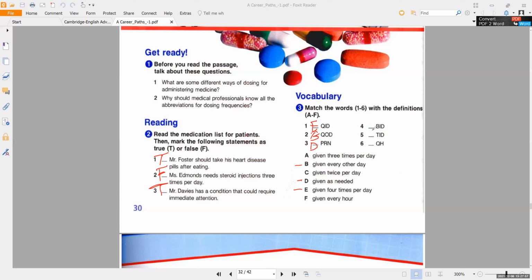Number 4, BID, is number C, given twice per day, and TID is number A, given 3 times per day, and finally QH is number F, which is given every hour. QH, yes.